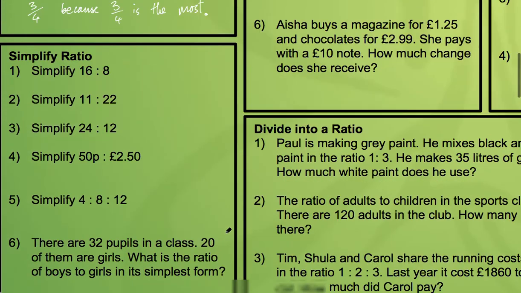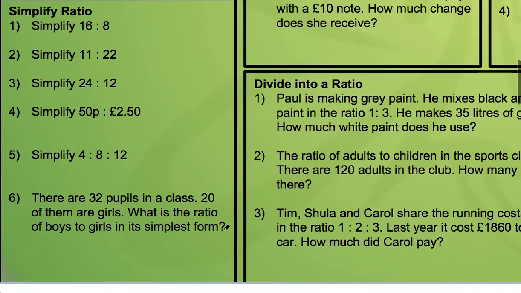Okay. Simplify ratio, that we need to simplify just like you do with fractions. You find the highest common factor of these and divide by that. So each of these can be divided by 8, so that gives me the ratio 2:1. 11 to 22, highest common factor here is 11, so divide both sides by 11 and I get 1 to 2.